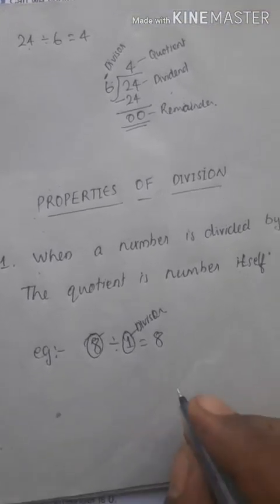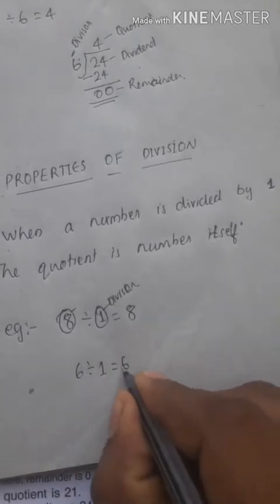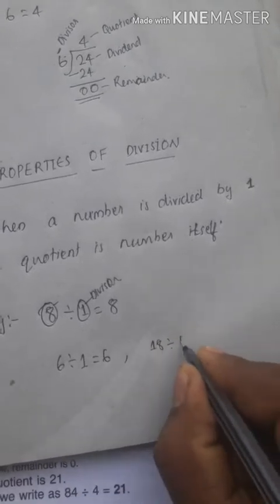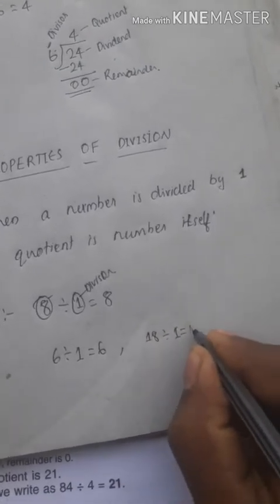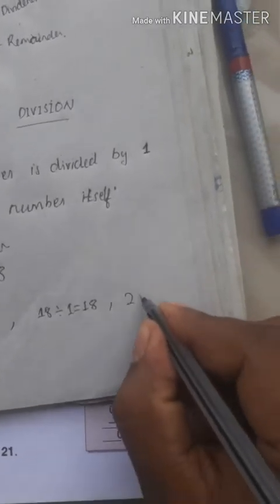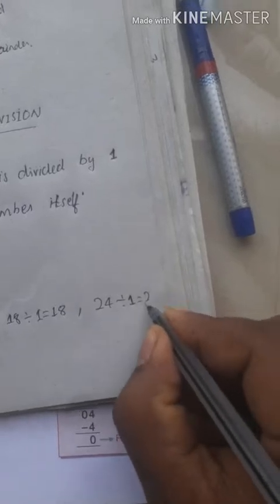It could be 6 divided by 1 is equal to 6, or 18 divided by 1 is equal to 18, or 24 divided by 1 is equal to 24.